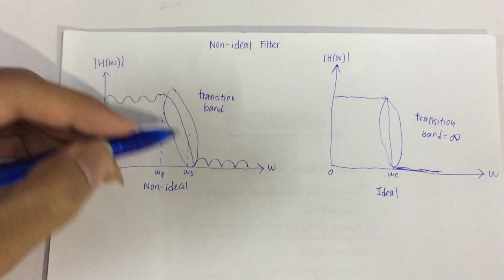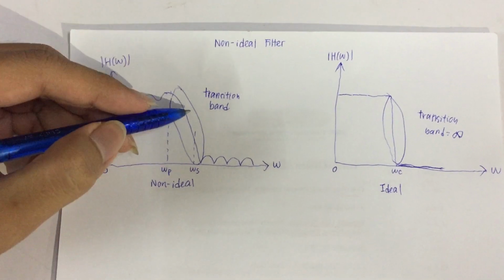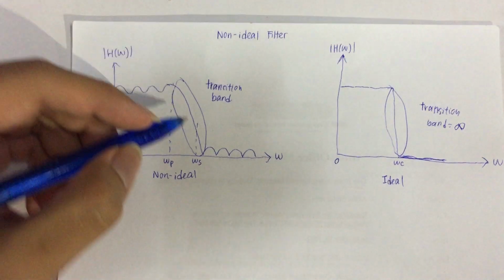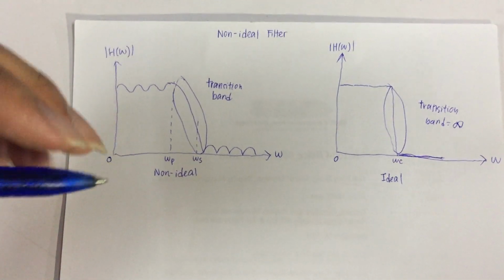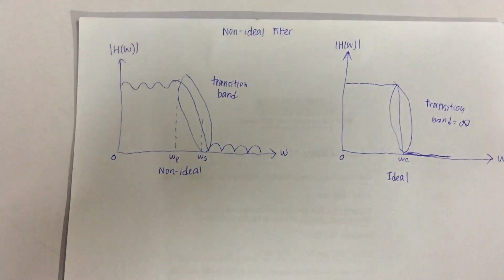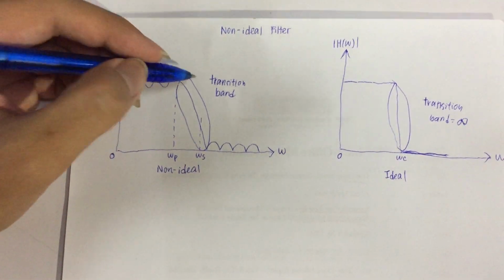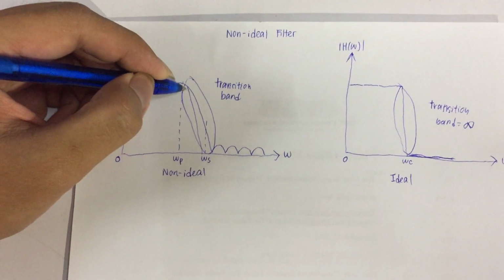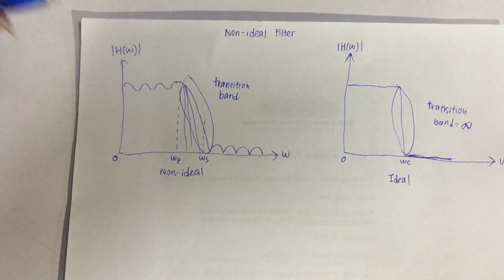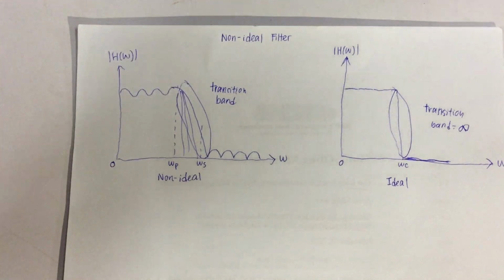To control the slope of the transition band, you can use a higher order filter. When we use a higher order filter, the slope tends to be greater and closer to the ideal. This is what we can achieve in practice instead of the straight line in the ideal.